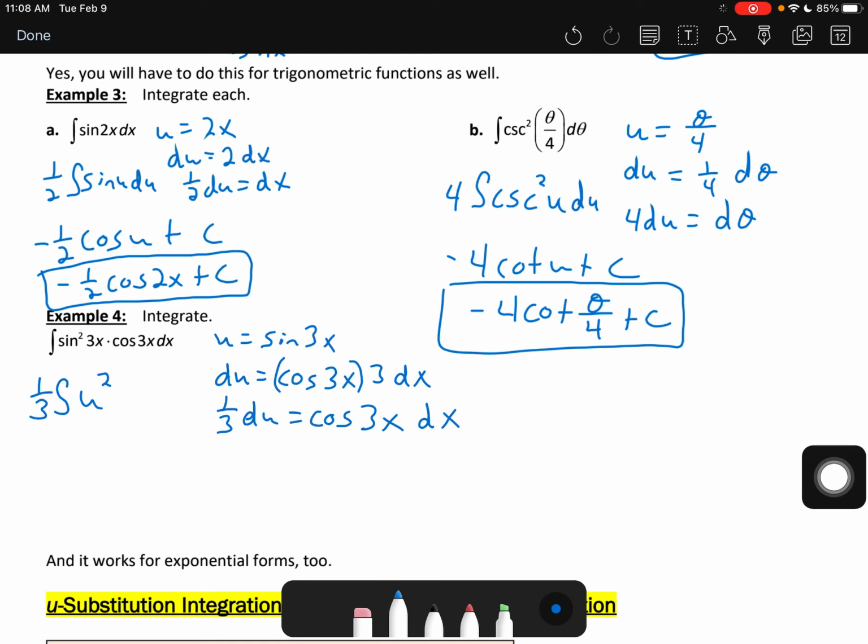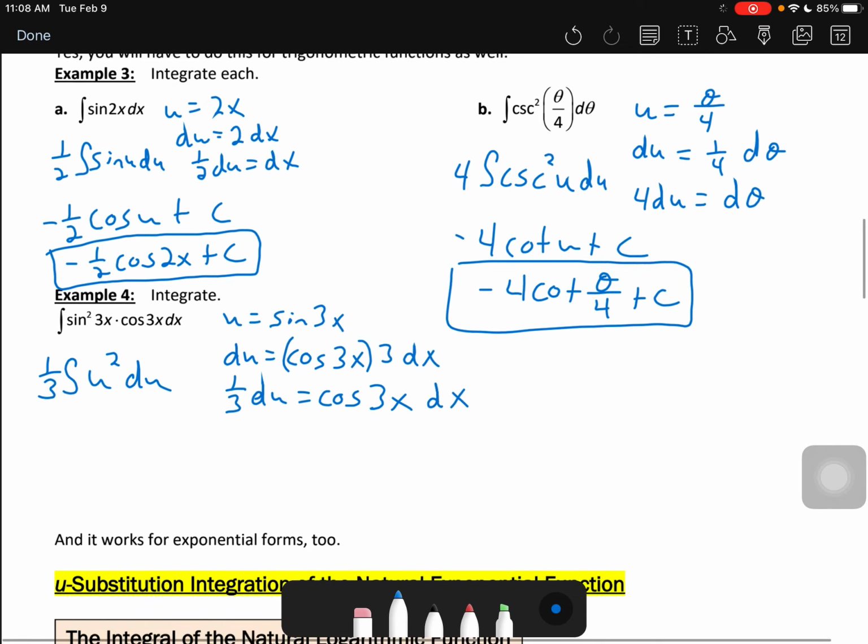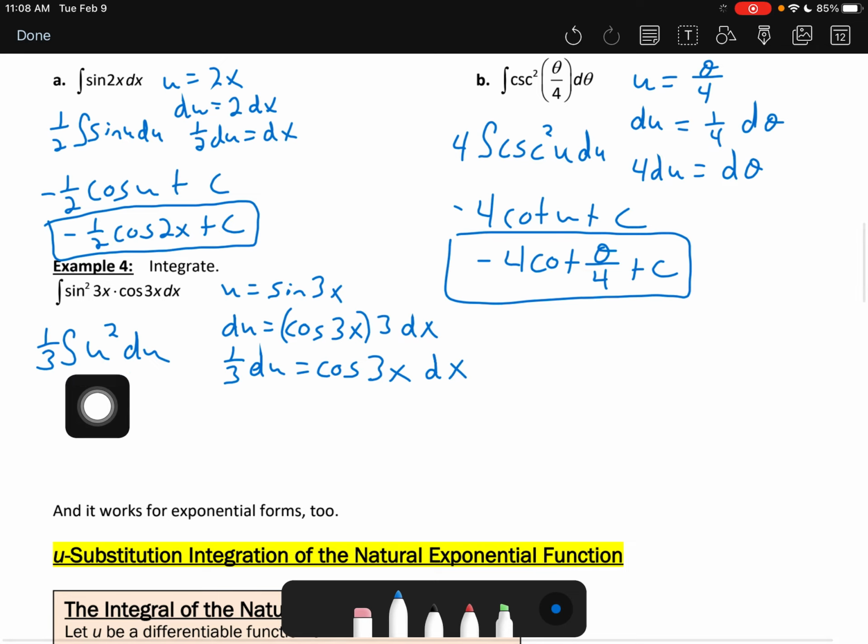So the 1/3 out here, and the du right there. Okay, and now when I integrate this, that's u cubed over 3, so I get 1/3 times u cubed over 3 plus c, which is now going to be u cubed over 9 plus c.